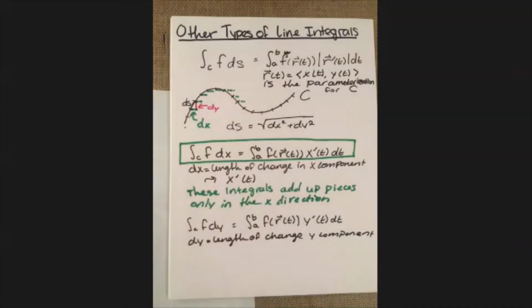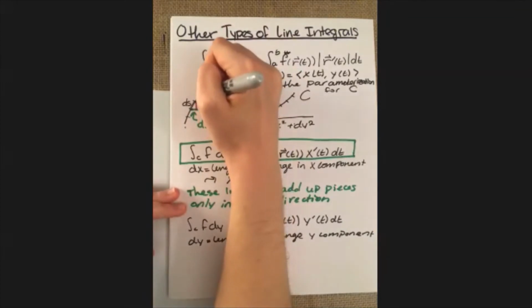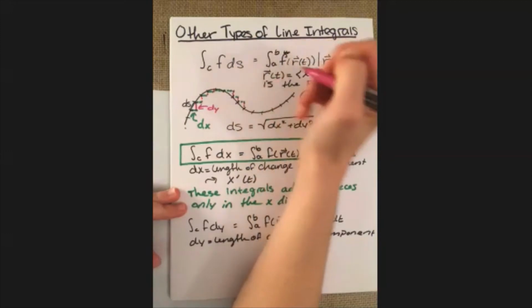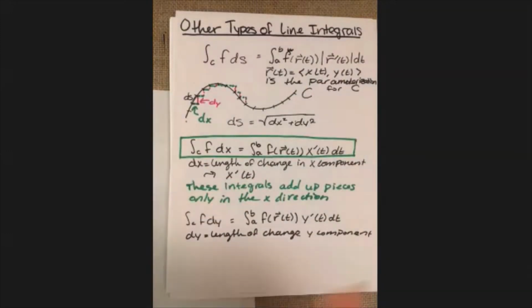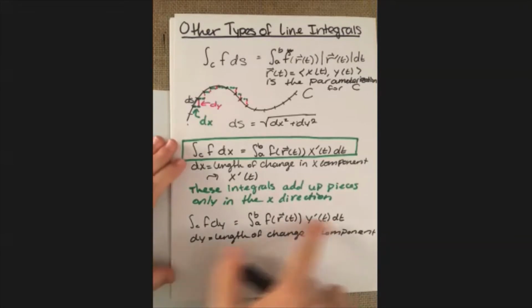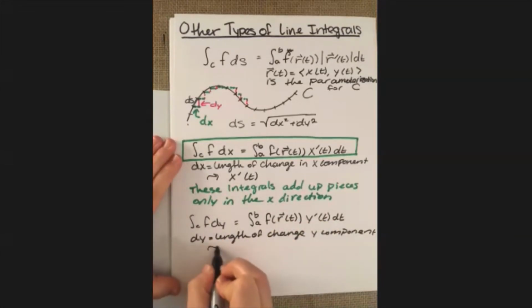So instead of adding up all the little horizontal pieces, now we're going to go through and add up all these little vertical pieces, like so. And because of that, we introduce that y prime.